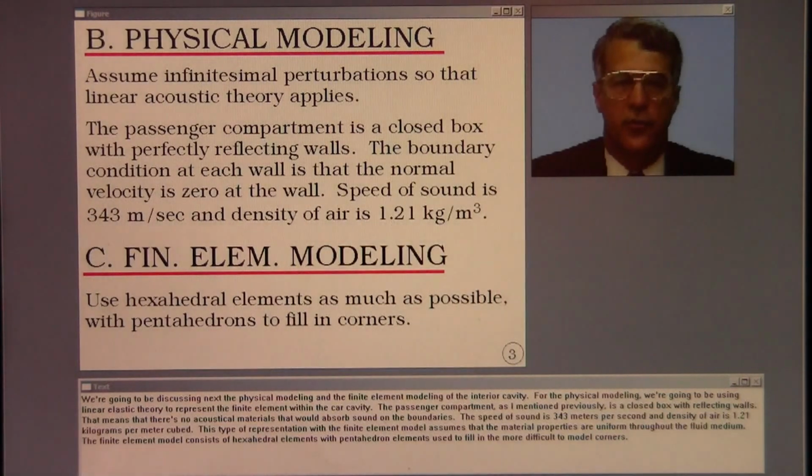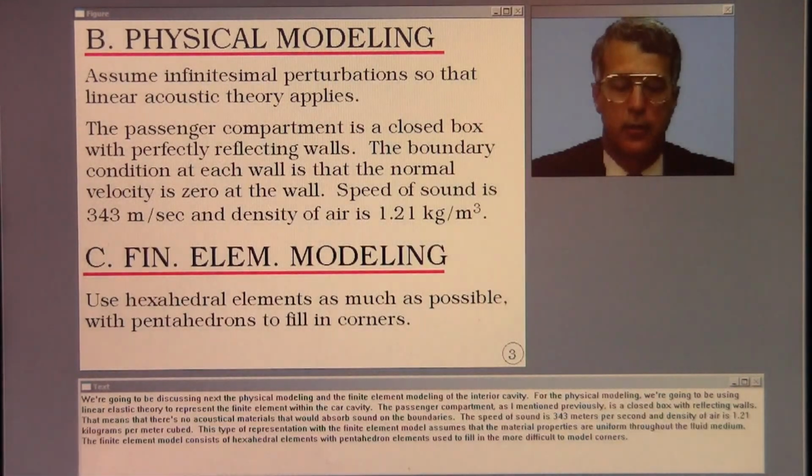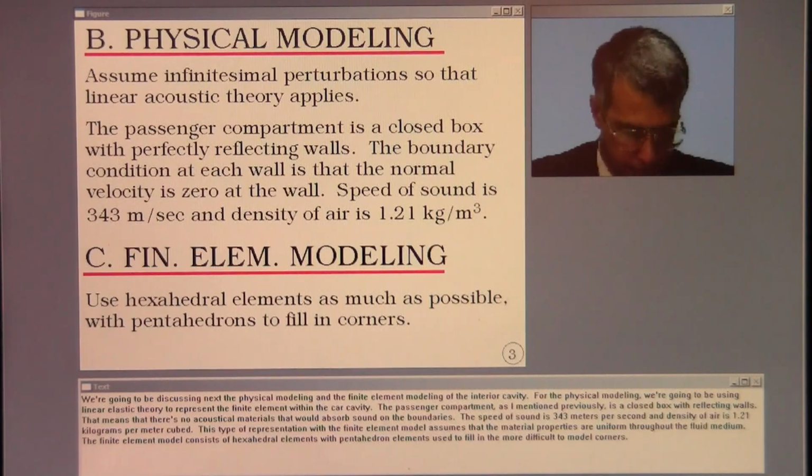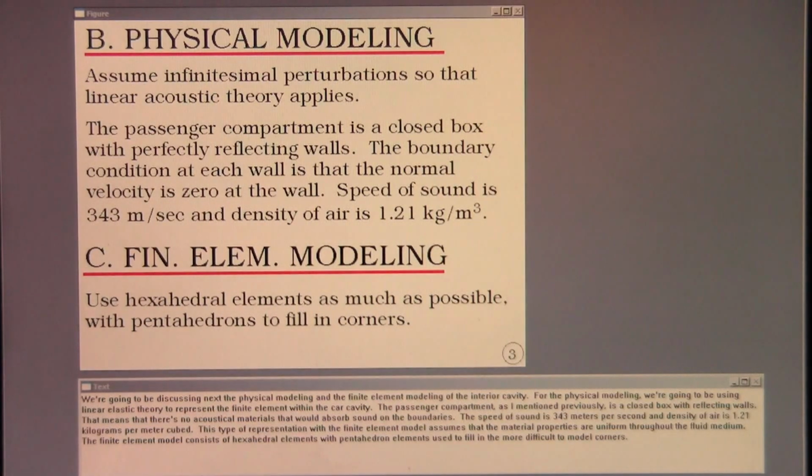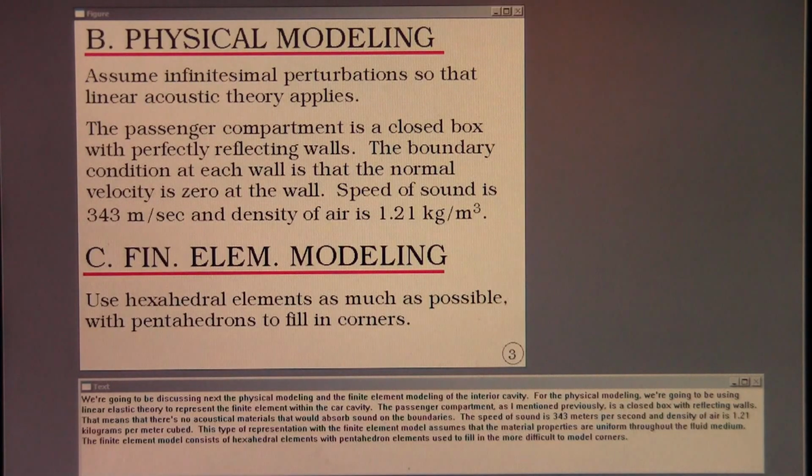We're going to be discussing next the physical modeling and the finite element modeling of the interior cavity. For the physical modeling, we're going to be using linear elastic theory to represent the finite element within the car cavity. The passenger compartment, as I mentioned previously, is a closed box with reflecting walls.